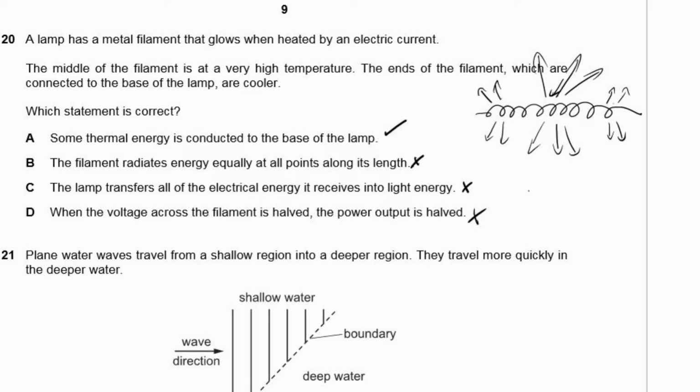I'll show you why. We'll assume that the resistance is constant. It's not a good idea, but it gives us a good rough estimate that we can work with. So V = IR. Let's assume that R is constant. If we end up with V divided by 2, then we end up with I divided by 2. Okay, that's fine, but let's look at power.